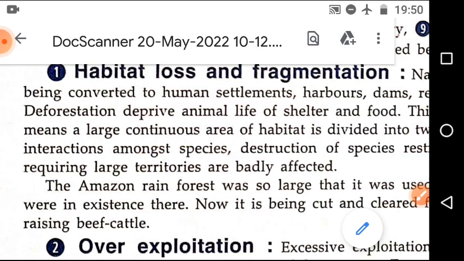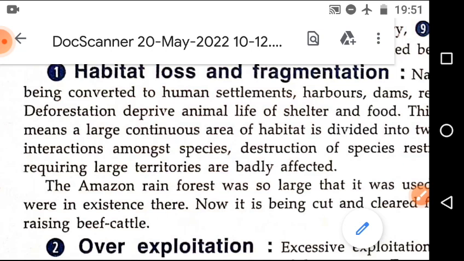So it makes a complex interaction because the wildlife will not be able to adjust with the urbanized people. It is not aware of those urbanized people. So there will be a complex interaction among the species.